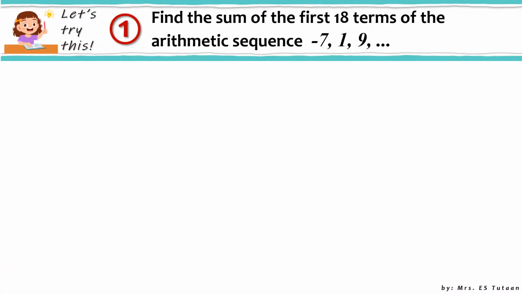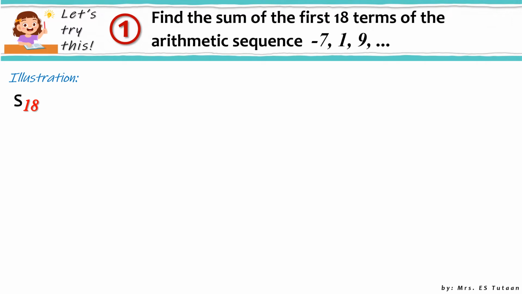Let's try this activity. So, number 1, find the sum of the first 18 terms of the arithmetic sequence negative 7, positive 1, positive 9, and so on and so forth. So, para hindi malito, pwede nating isulat muna ang illustration. So, we have S sub 18. Saan ma'am galing yung 18?